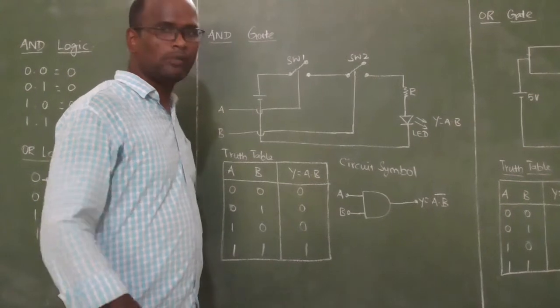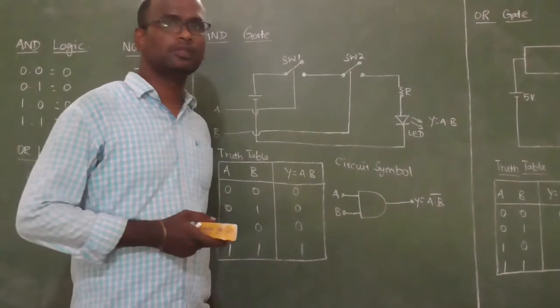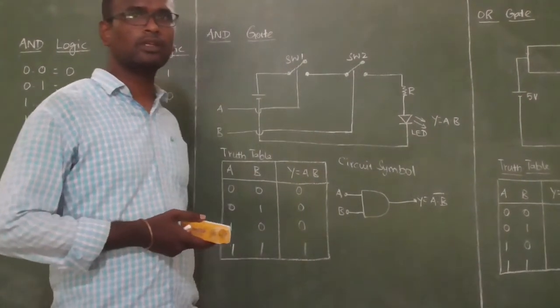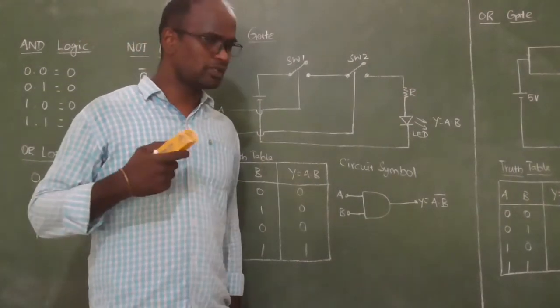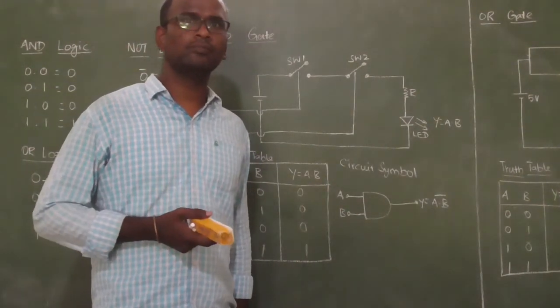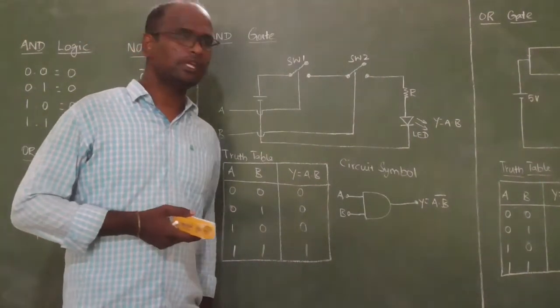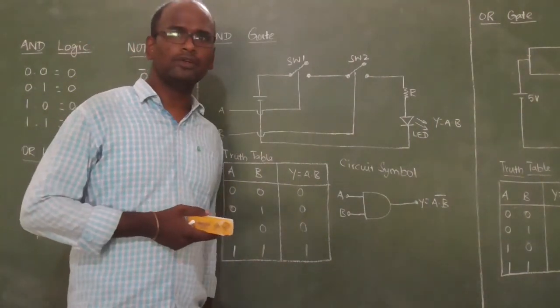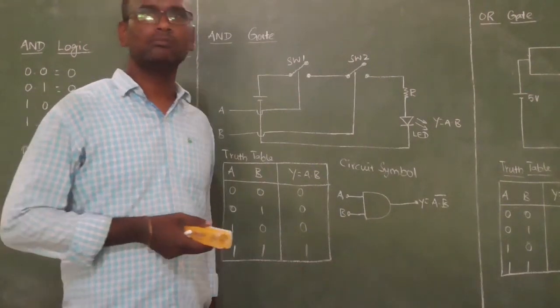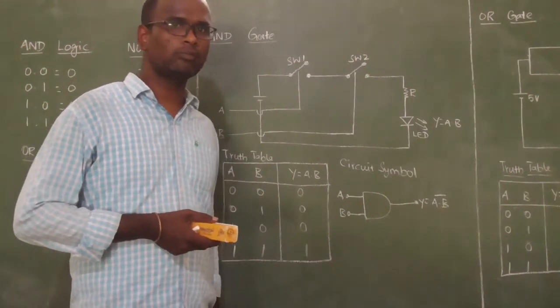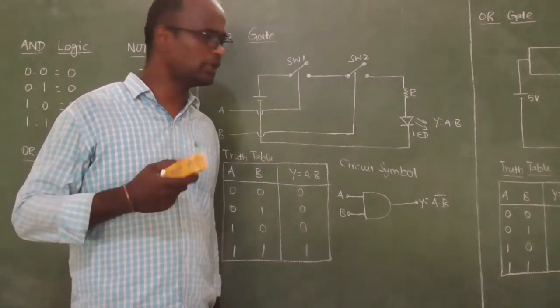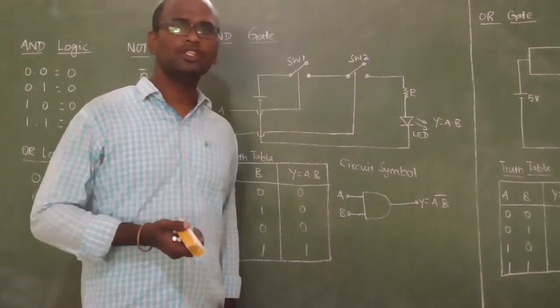We all know that a digital logic circuit can perform the logical and arithmetic operations of binary numbers. What are binary numbers? Flow of current is known as binary 1, and blocking of current is binary 0.